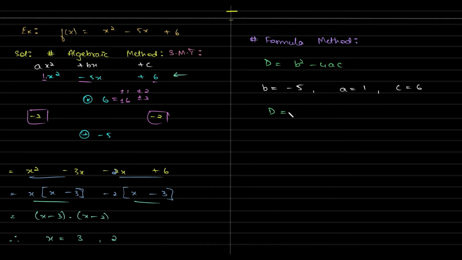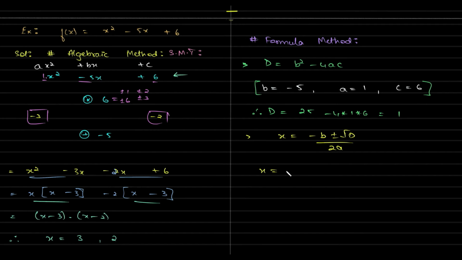So d is equal to 25 minus 4 into 1 into 6. This you'll get as 1, right? Simple calculation. Therefore d is equal to 1. Next, x is equal to minus b plus or minus root of d divided by 2a. This is the final answer.